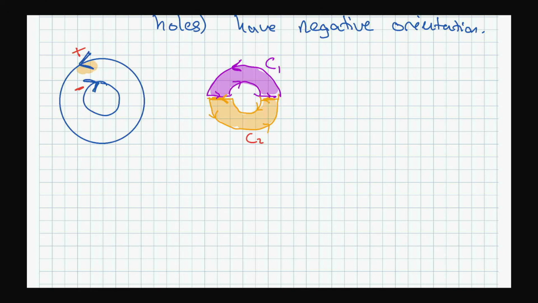This is negative orientation because if you're traveling here, then, oops. Something happened here. The inner holes given a negative orientation of the outer boundary. Wait, that's not true. Their definition is wrong.